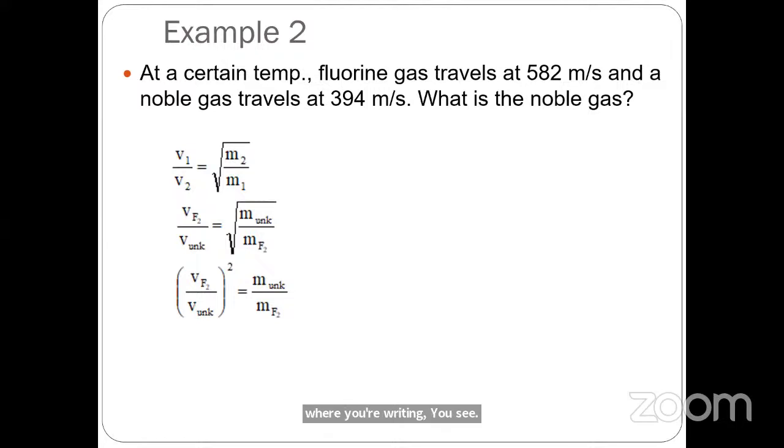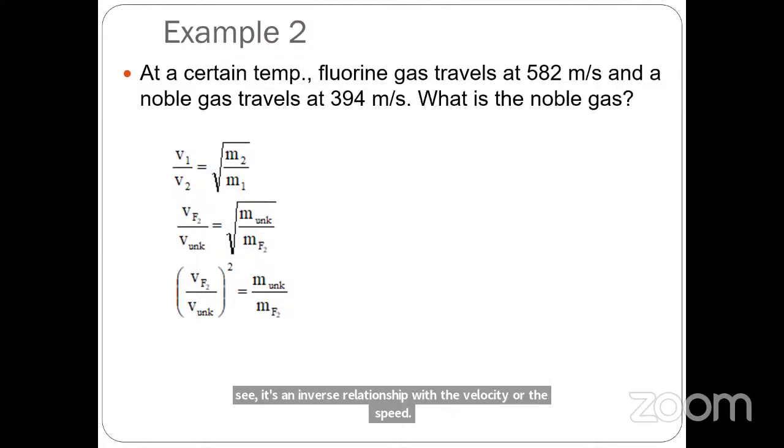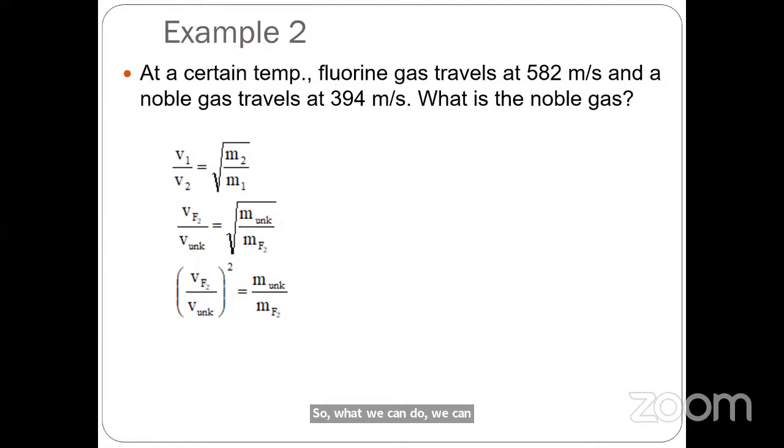So what we can do is square the velocity side so that on the molar mass side we remove the square root. If you want to remove the square root, you square both sides, so the molar mass side loses the square root and the velocity side is squared.